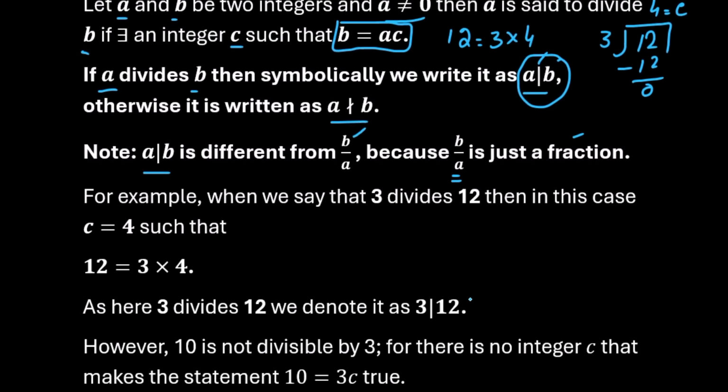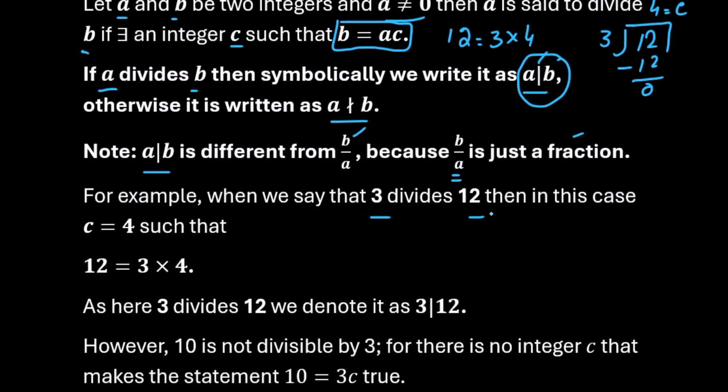For example, when we say 3 divides 12, then in this case there exists an integer c equal to 4 such that we can write 12 is equal to 3 into 4. As here 3 divides 12, we denote it as 3 with this vertical line and 12. However, 10 is not divisible by 3 because there is no integer c that makes the statement 10 is equal to 3 times c true.